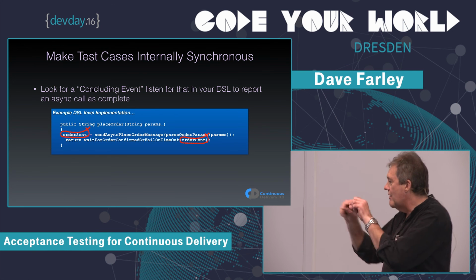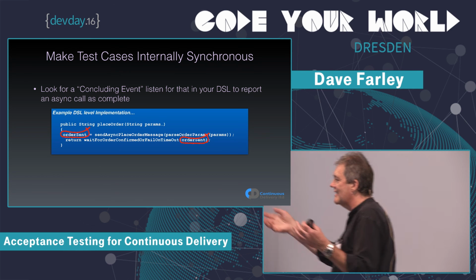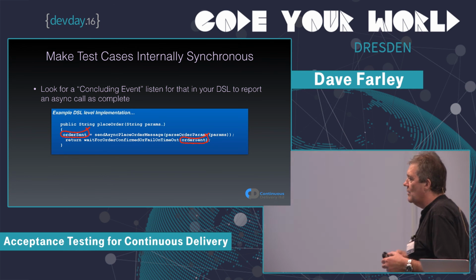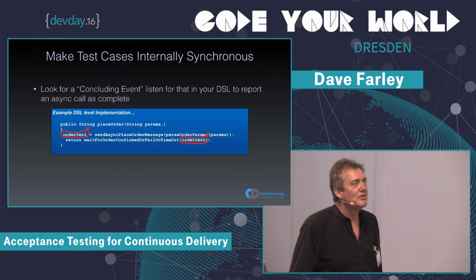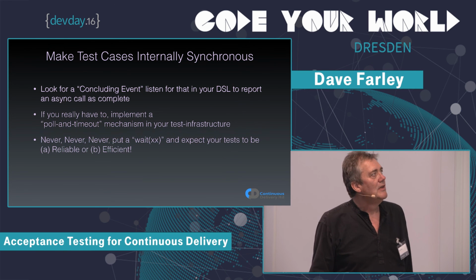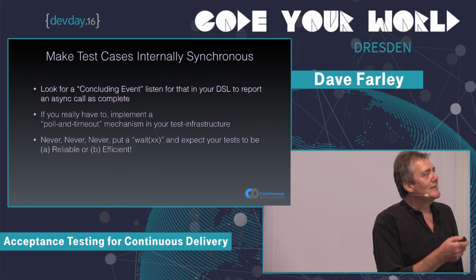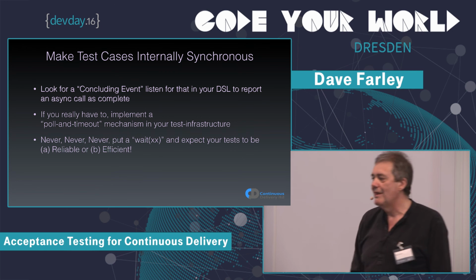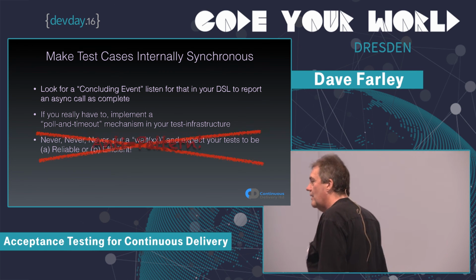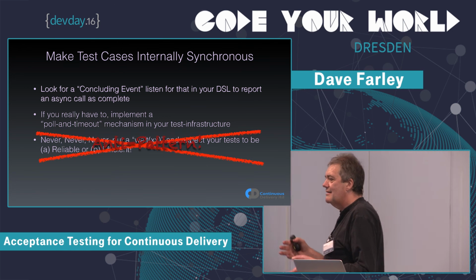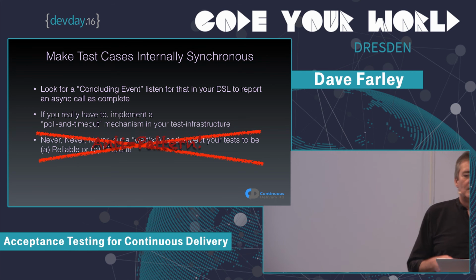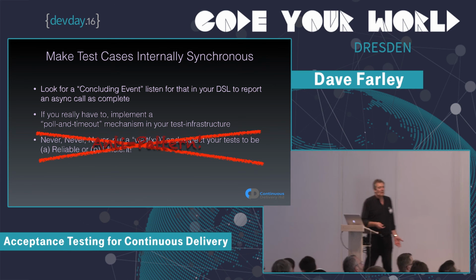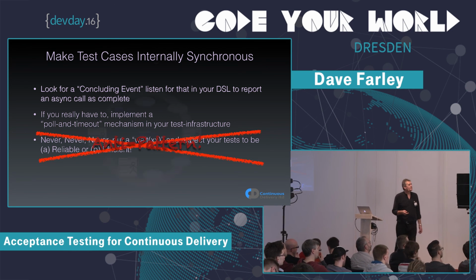Then we can write that place order instruction in a test case and not worry about it too much. We can hide the complexity of the asynchrony in our test cases. One of the reasons that I'm mentioning this at all is because it's a really, really bad idea to put wait statements in your tests, which is really common, because all that does is slow things down and make the recovery even more unreliable.